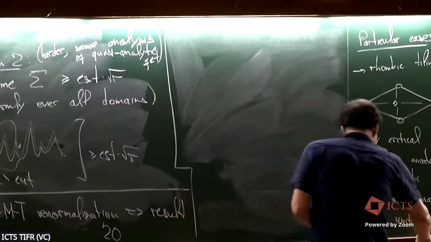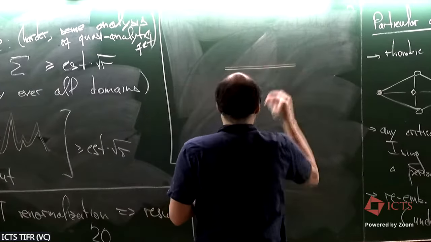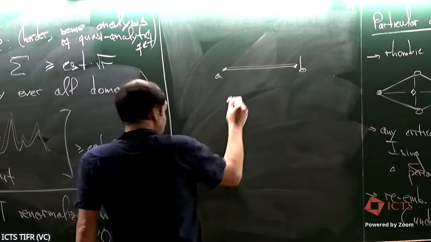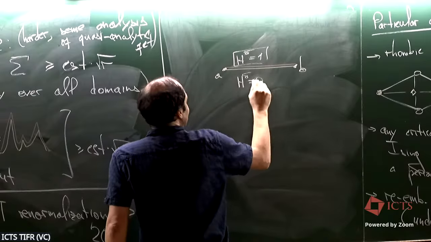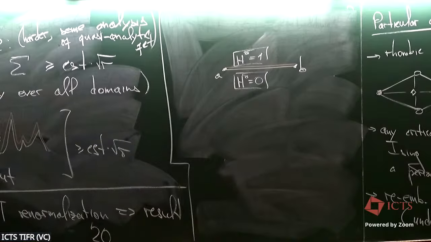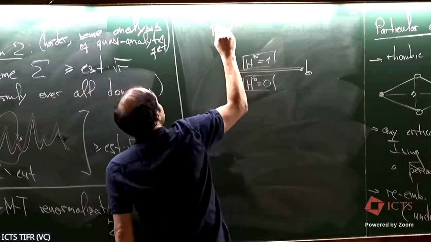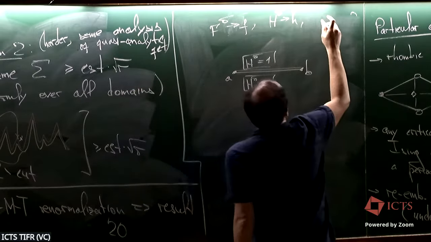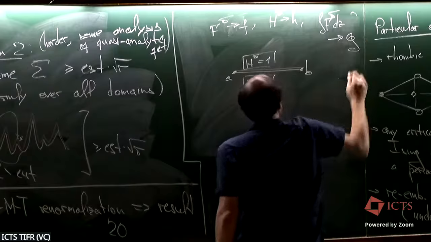Then what do we have? We have a straight cut. We have functions that are 1 here, 0 here. And we know that the sum tends to 0. So let me already pass to the limits: f delta converges to f, h delta converges to h, and the primitive of f delta converges to some function g.